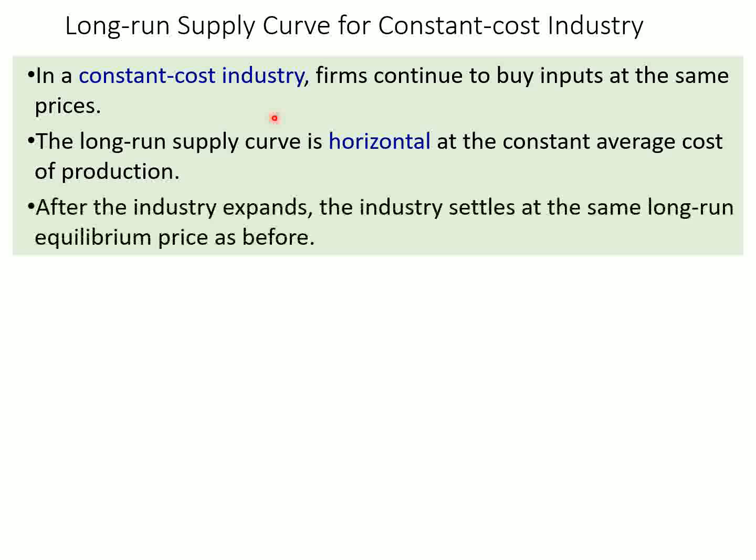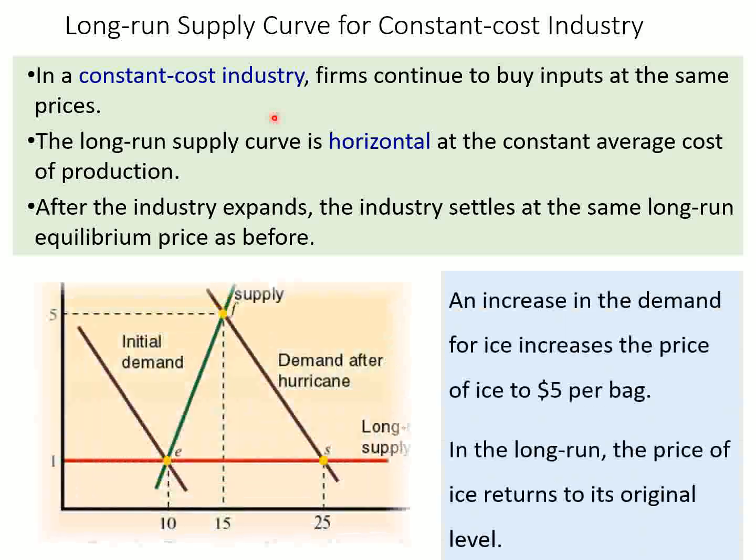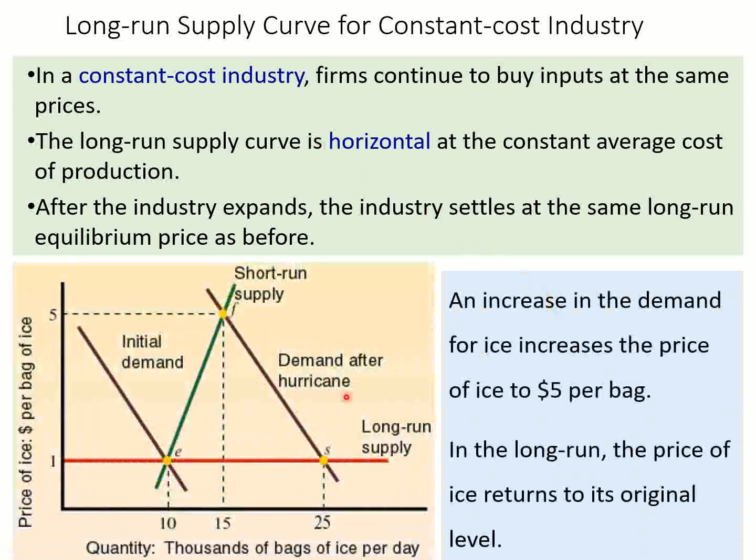After the industry expands, the industry settles at the same long-run equilibrium price as before. Let's look at this curve. This is the supply in the short run. The supply in the short run is an upward curve.